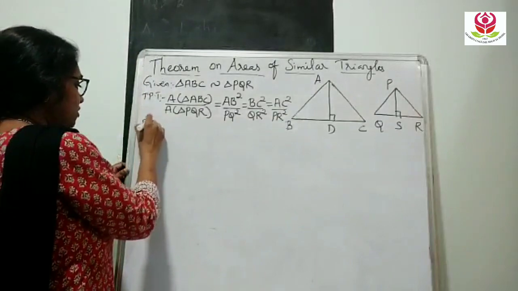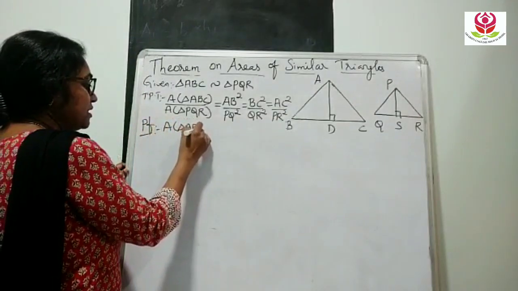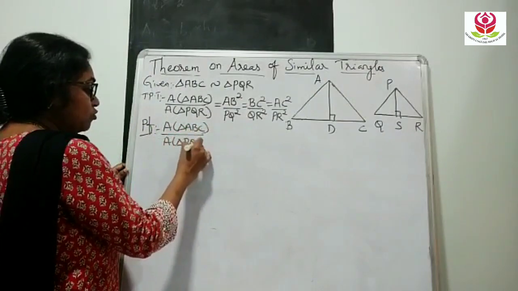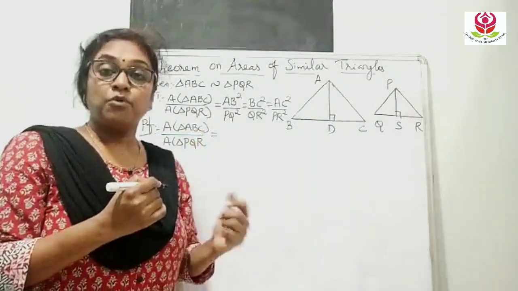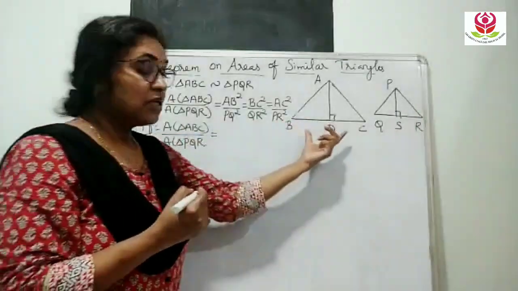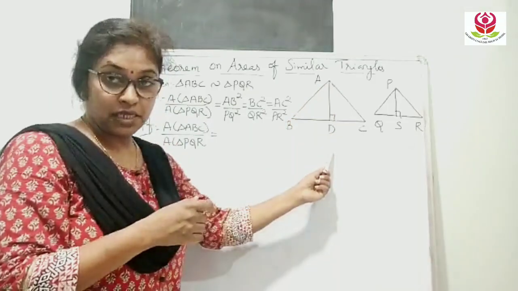When we start with the proof, since we want to find area of triangle ABC upon area of triangle PQR, by using the property that it will be equal to the ratio of the product of the base and its corresponding height: in triangle ABC, BC is the base and the corresponding height is AD.